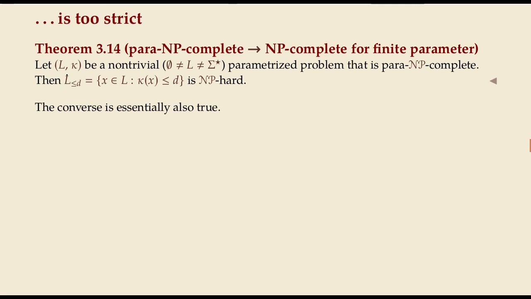So we have a parameterized problem that is para-NP complete, and then it's true that also the following problem is already NP hard, namely the problem L less or equal D, which is just the instances where the parameter is at most D. I should say this is actually an existential statement.